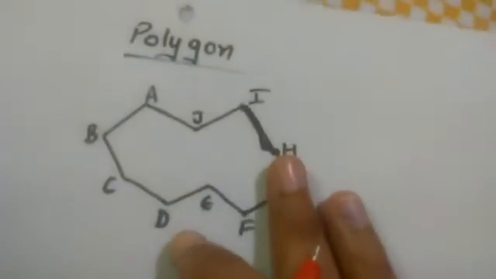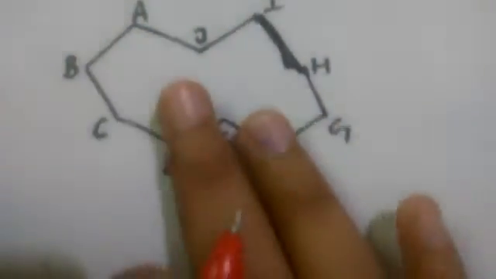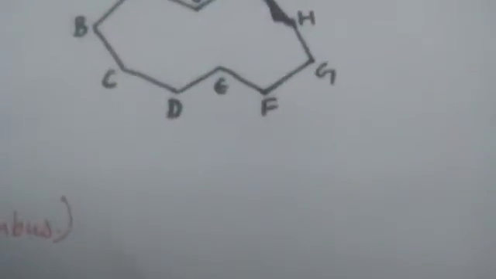Now see, in your book, the third question is, this type of figure is there in your book and some questions are asked from you. Firstly, before doing this question, we have to know what is a polygon. Which figure is known as a polygon?